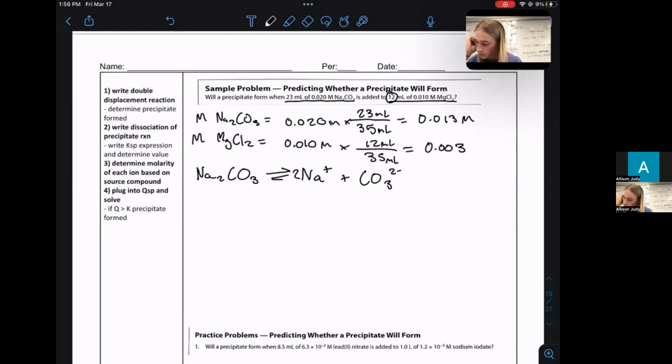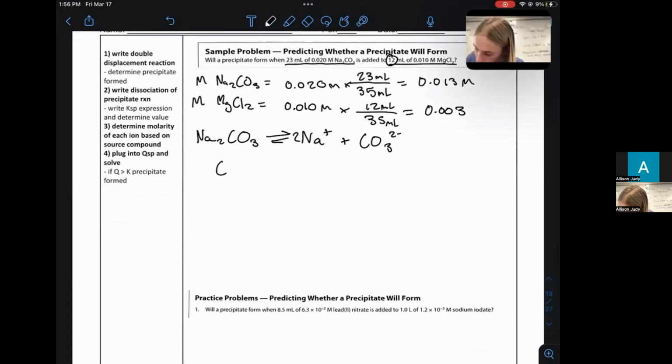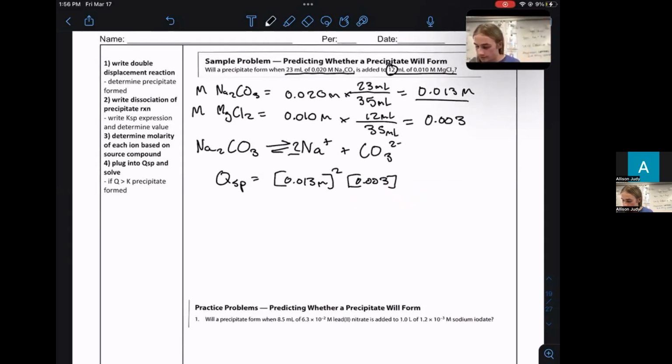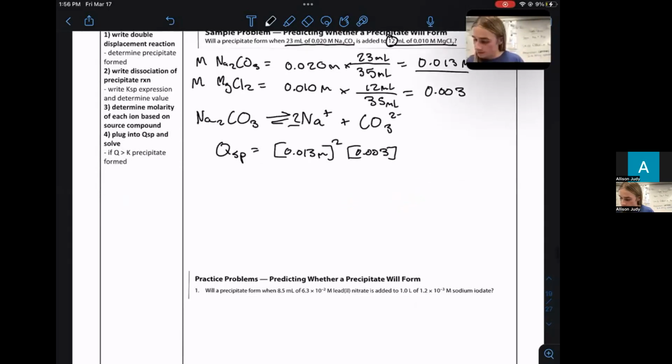So QSP is going to equal the concentration of sodium, which we just determined was 0.013 molar, squared because of this 2, times the concentration of carbonate ion, which is 0.003. That is another calculation that somebody will have to do.